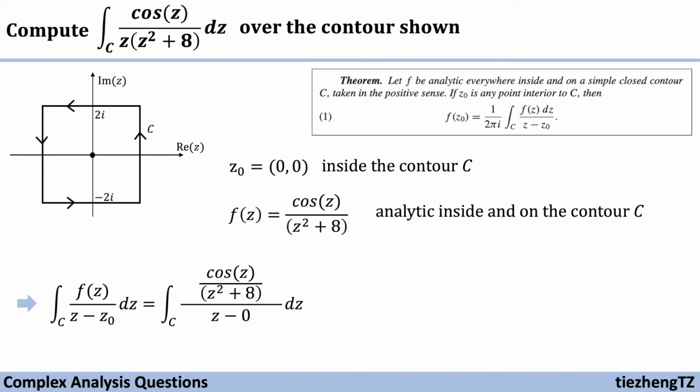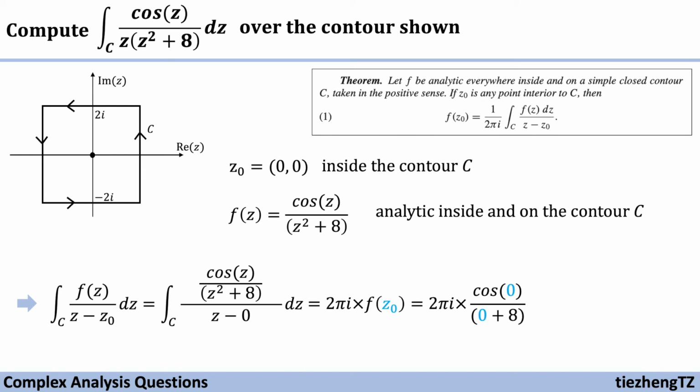So the integral in the theorem, f(z) dz over z minus z0, can be rewritten by substituting cosine z over z squared plus 8, over z minus z0, which is 0. From the theorem, we know this integral equals 2 pi i times f(z0).